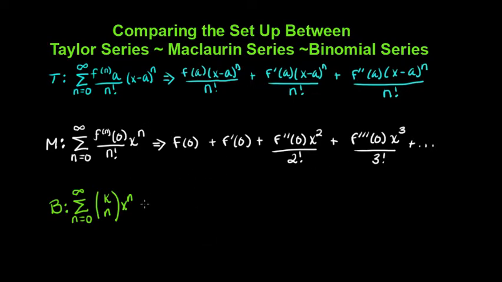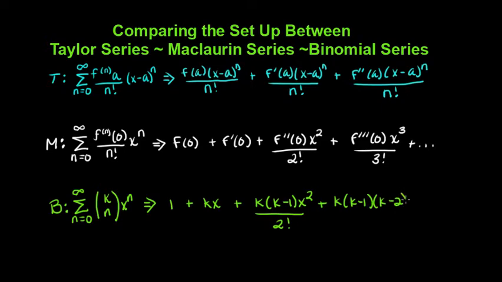So for the binomial series, this is usually 1 starting plus k times x plus k times k minus 1 x squared all over 2 factorial plus k times k minus 1 times k minus 2 times x cubed all over 3 factorial, and this pattern will continue on as well.